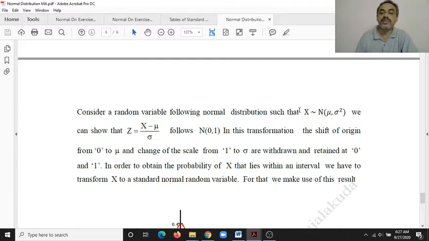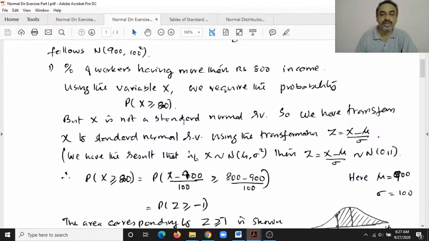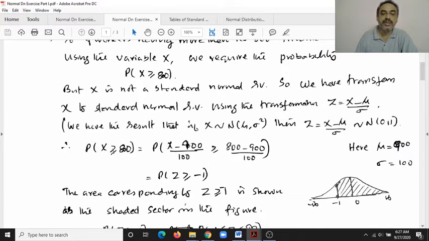Therefore, the limits corresponding to the normal distribution can be transformed to the limits corresponding to the standard normal distribution. In the present question, we are transforming the normal distribution limits, that is x greater than or equal to 800, to the limits of the standard normal distribution.